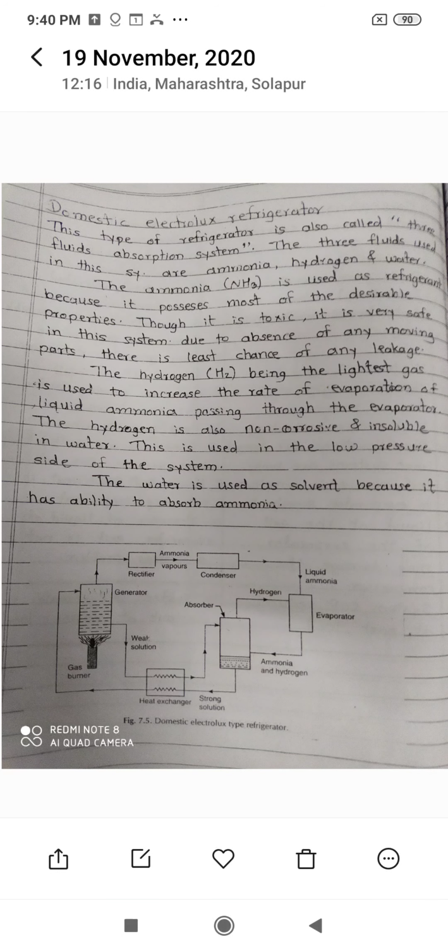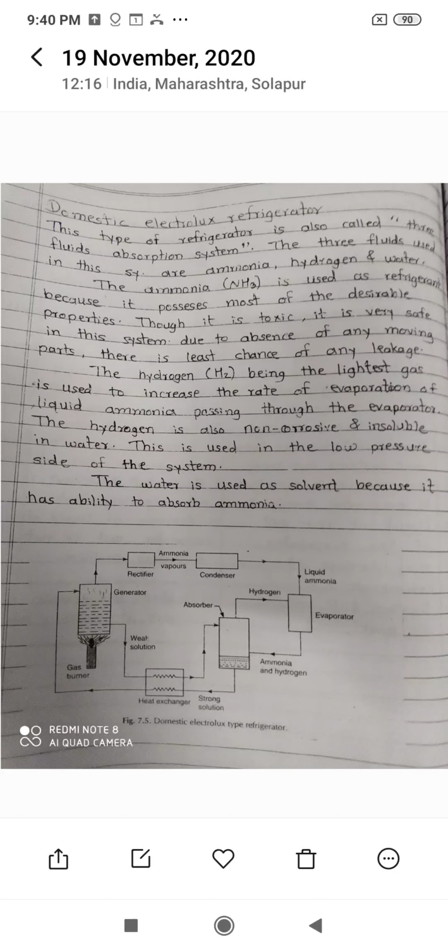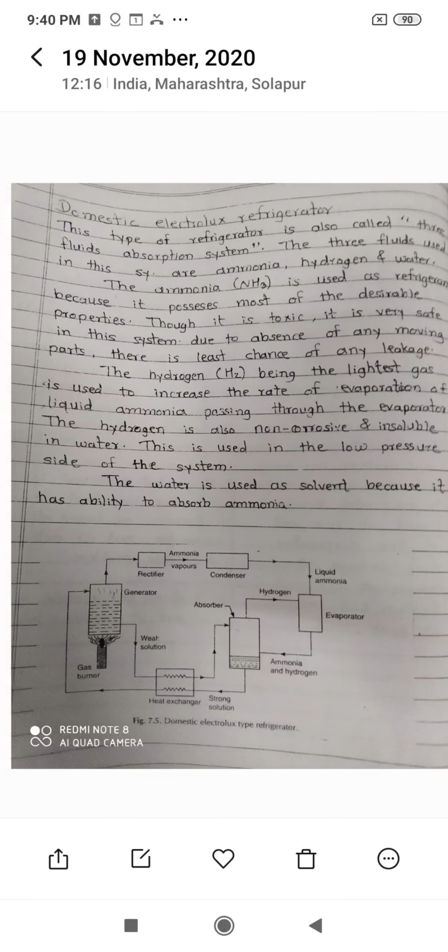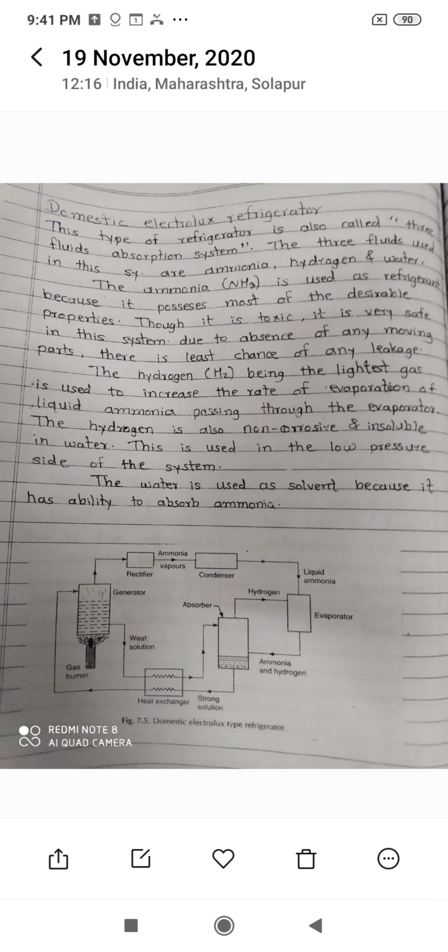We will start the working from the condenser. The ammonia liquid leaves the condenser and enters the evaporator. In the evaporator, that ammonia evaporates into hydrogen at low temperature corresponding to its low partial pressure.